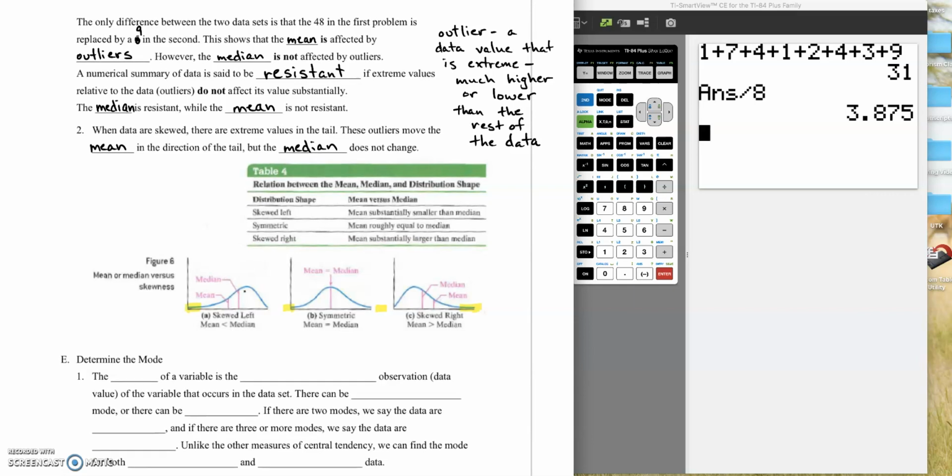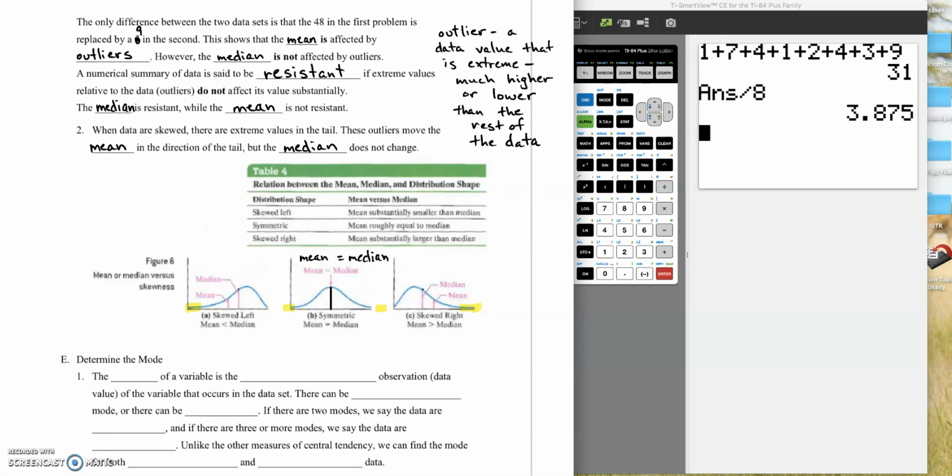So these aren't the best pictures, but you see when it's symmetric, that nice normal bell-shaped curve, the mean and the median equal each other. And they're both right smack in the middle.